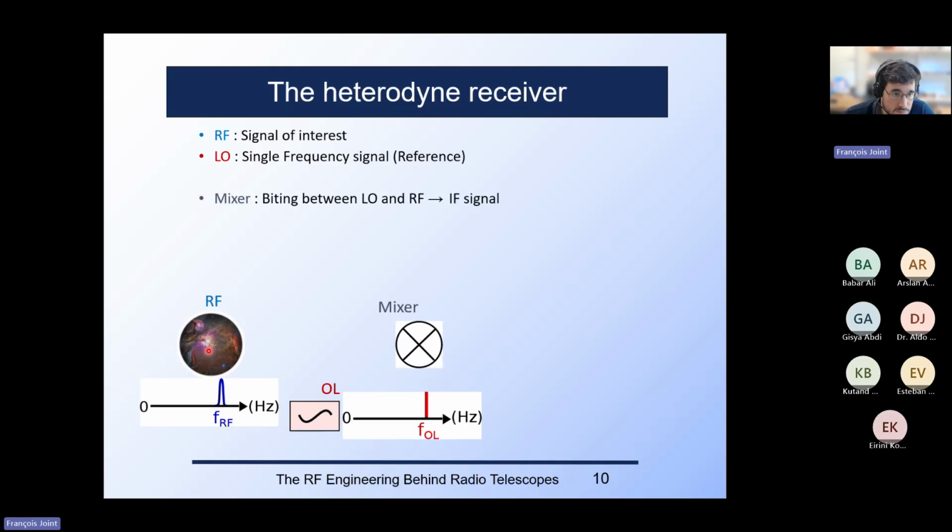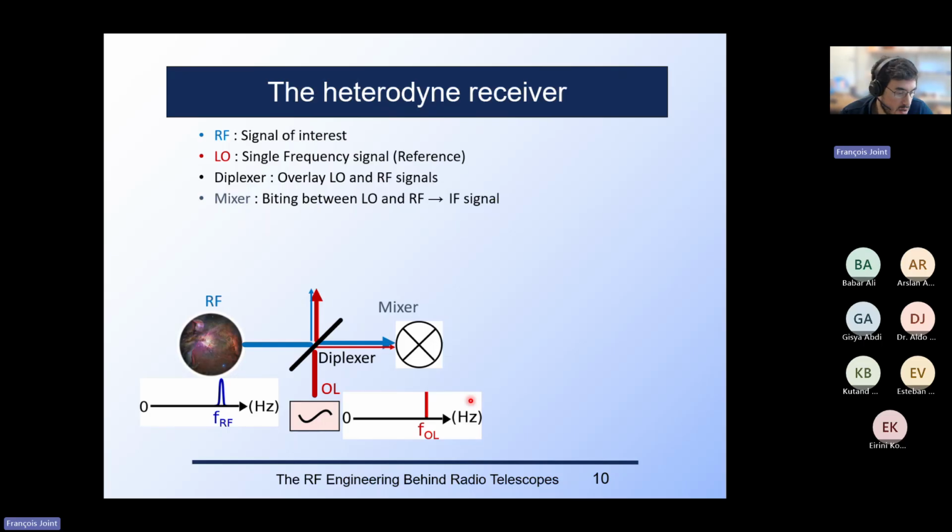We have the mixer. It's a highly nonlinear system that can mix the RF and the LO together, and we have a duplexer. The RF signal and the local oscillator signal are overlaid together using a duplexer. Usually it's a very thin film of mylar.